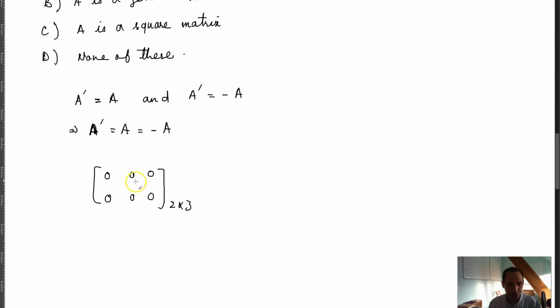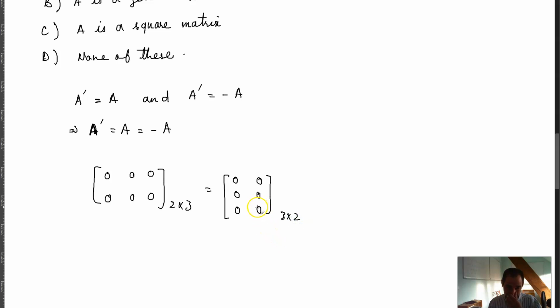the transpose of this matrix is going to be: I will take this row and make a column, and I will take this row and make a column, and therefore I will get the 3 by 2 matrix.